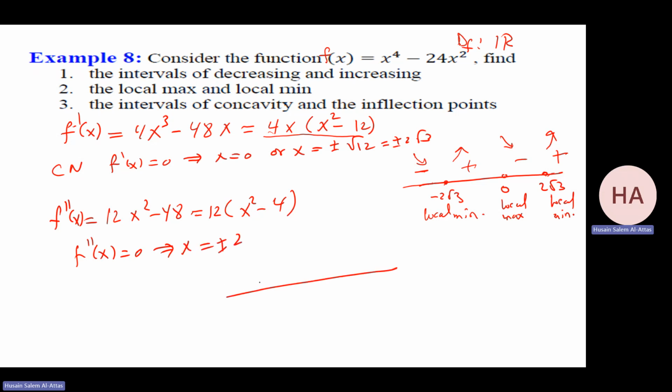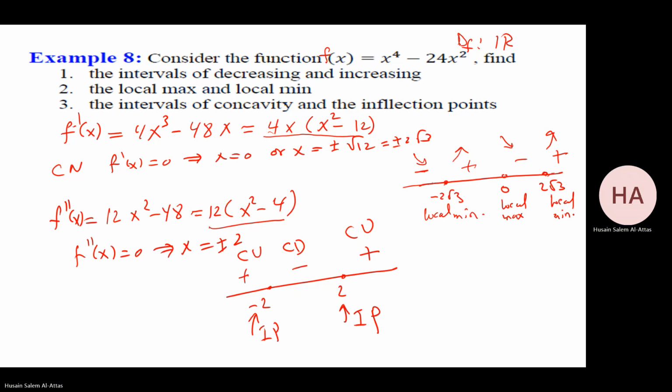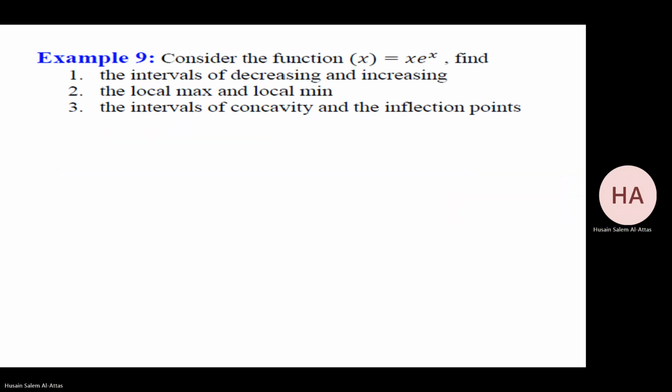So do the sign diagram, the test intervals. This is 2. I have to check this function. Minus 3, it will be positive, negative, positive. So it's concave up, concave down, concave up. And these are inflection points, since there is a change of concavity, up to down or down to up.